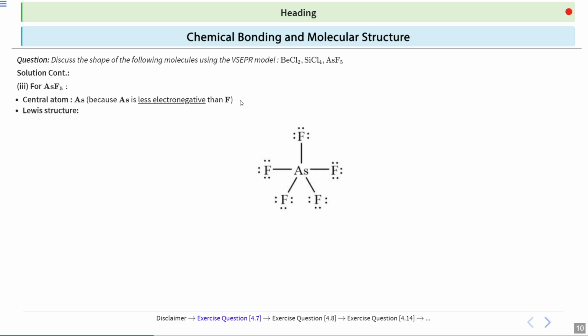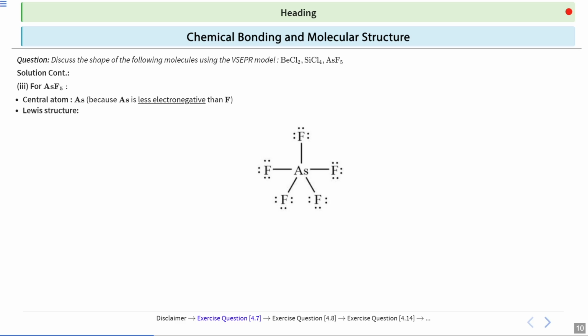Now coming to the Lewis structure, there are 5 electrons on arsenic. Now the question is, how do we know it? I have suggested during the classification chapter that you should learn your periodic table group wise. If you are aware of that, phosphorus falls in the same group as arsenic, and phosphorus has a valence electron count of 5.